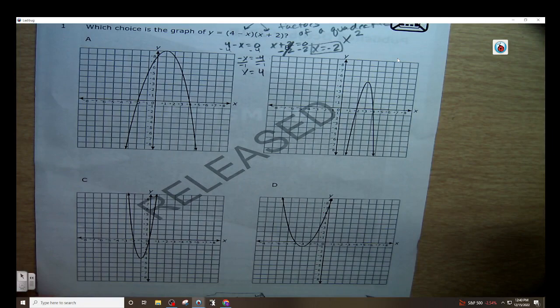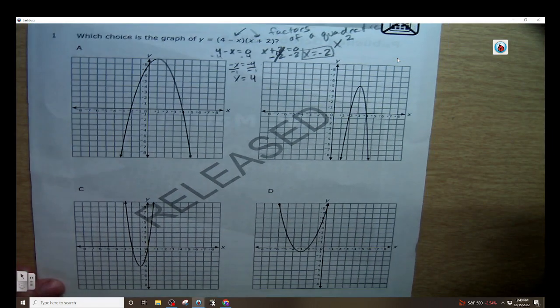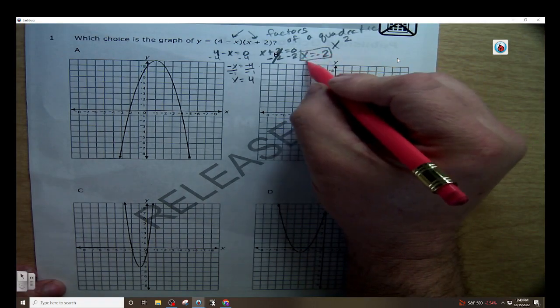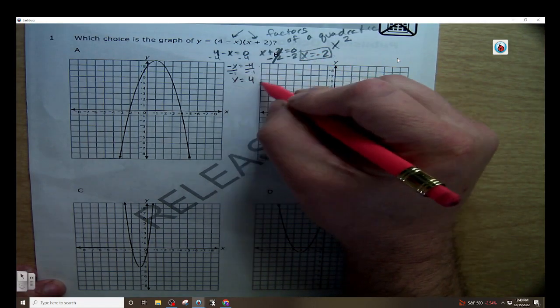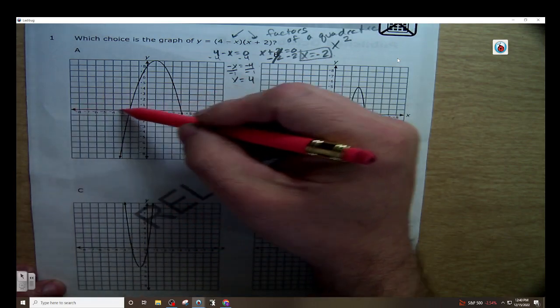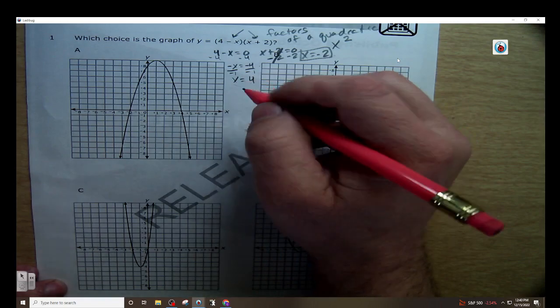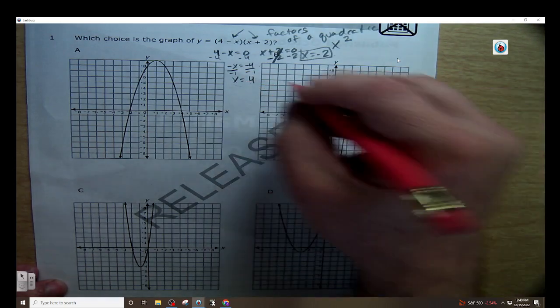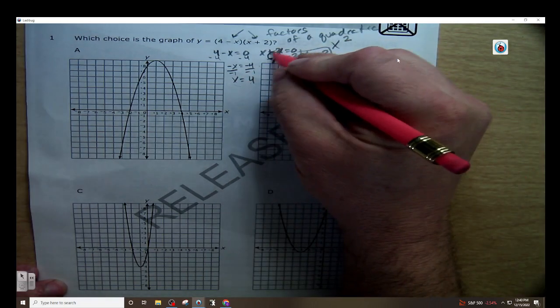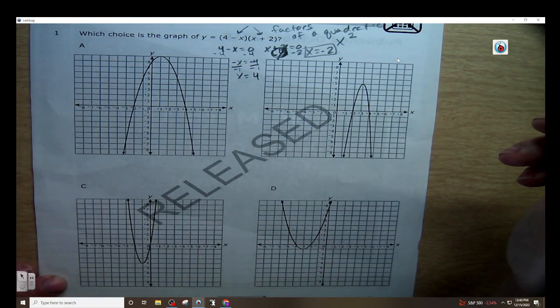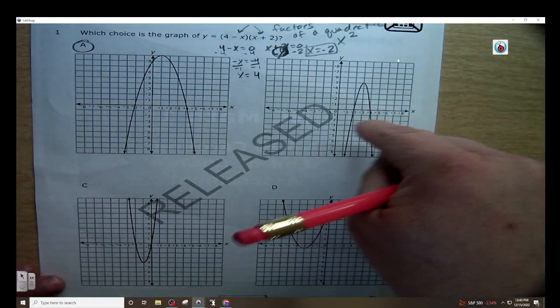Okay, so now let's look at all of our equations and see which one will not work. Notice that the x-intercepts have got to be -2 and +4. Now the x-axis is here, so where it crosses the x-axis is the x-intercept. So if +4, now we've got B, and B and A are the only ones that cross at x equals 4.